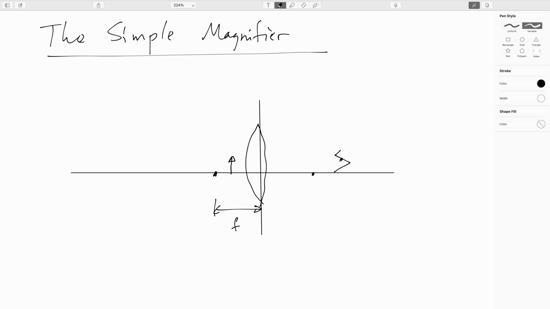And so we'll look at it from over here. We can draw a couple of rays to track this out. We can use the paraxial ray like so, and the central ray, and that's all we're really going to need to locate our image.